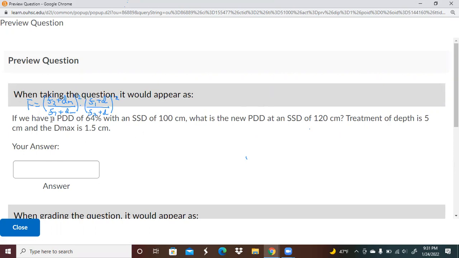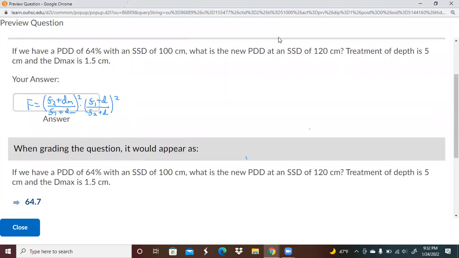So here, if we have a PDD of 64 with an SSD of 100 cm, what's the new PDD at an SSD of 120? And the treatment depth is 5 cm and the Dmax is 1.5. So again, a lot of the process here is going to be pretty much the same.